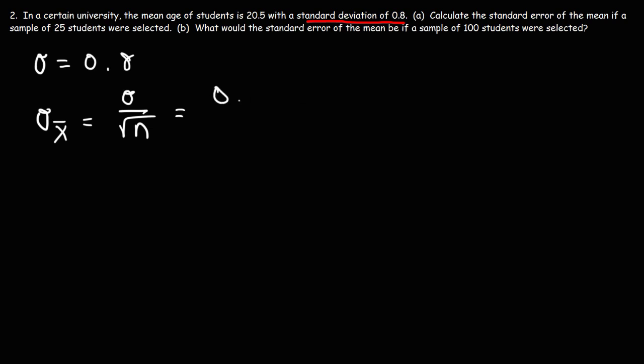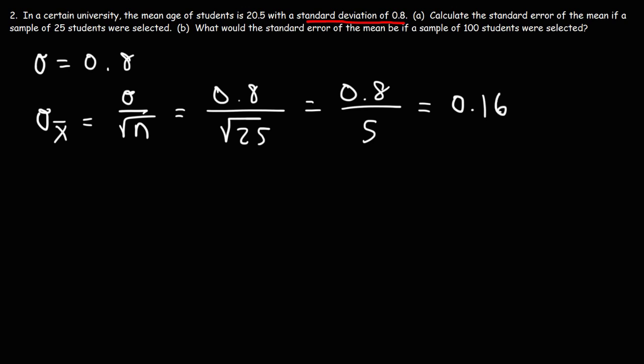As we said before, the standard deviation of the population is 0.8, and in part A, we chose a sample size of 25. So n is 25. Now the square root of 25 is 5. So 0.8 divided by 5 will give us a standard error of 0.16. So that's the answer for part A.